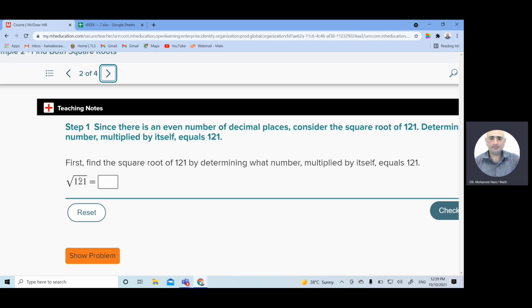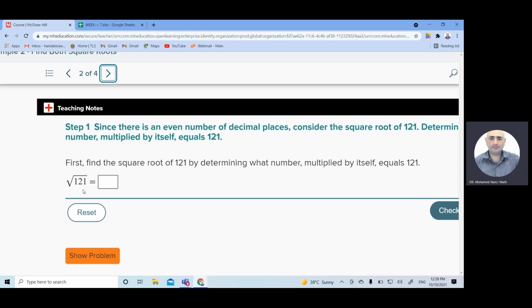The first step, you can write the radical as the square root of 121. Who can tell me what is the number multiplied by itself equal to 121?